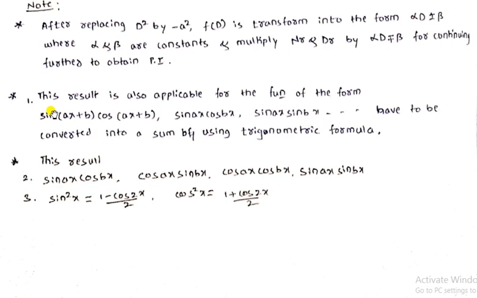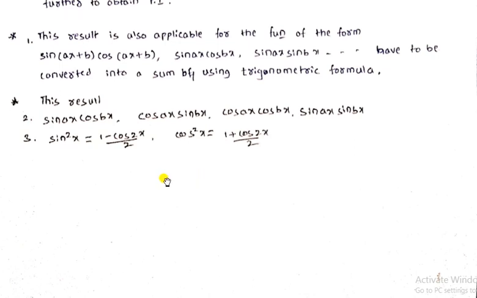Second point is, this result is also applicable if the function is in the form of sin ax plus b into cos ax plus b, sin ax cos bx, sin ax sin bx, etc. Next one, if the function contains sin square x, then convert sin square x as 1 minus cos 2x by 2.